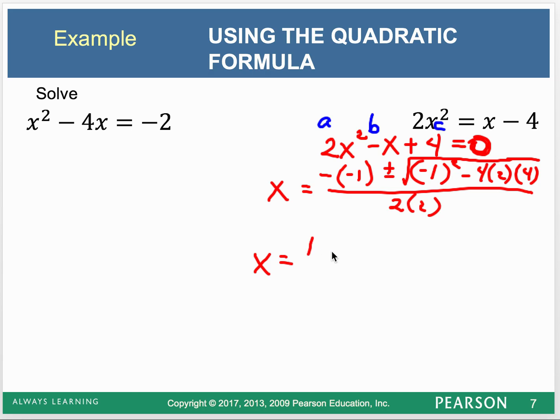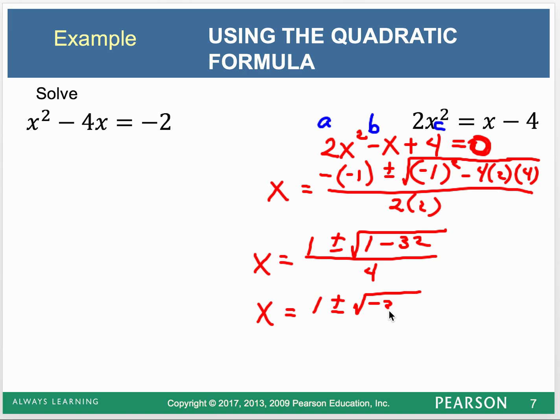So x is 1, plus or minus the square root of 1 minus 8 times 4 is 32, all over 4. X is 1 plus or minus the square root of -31, all over 4.